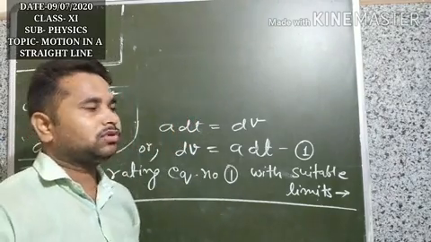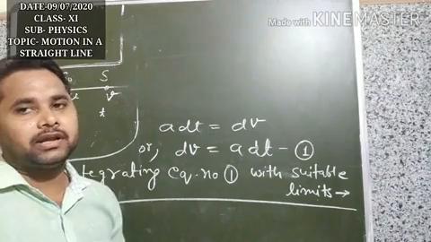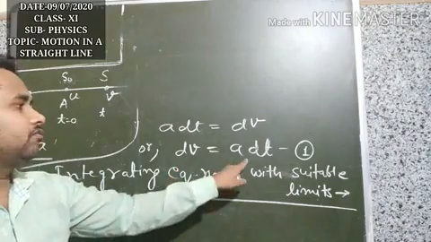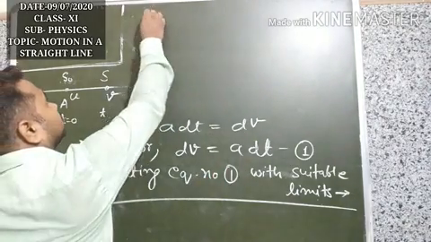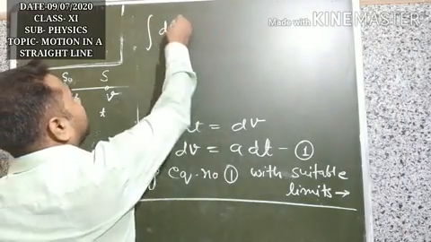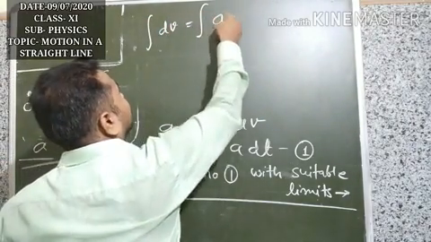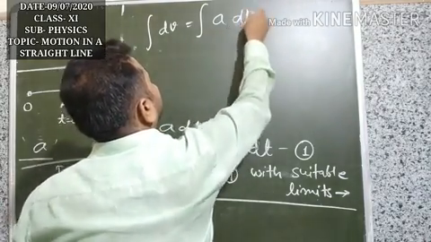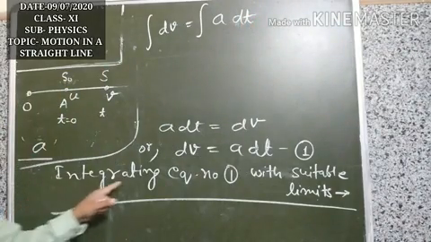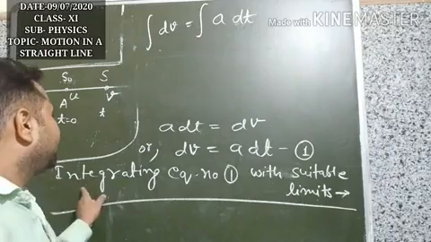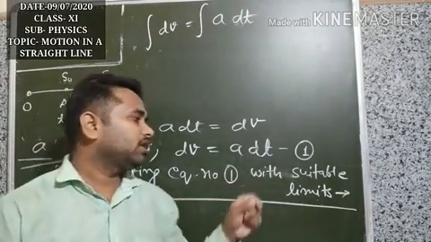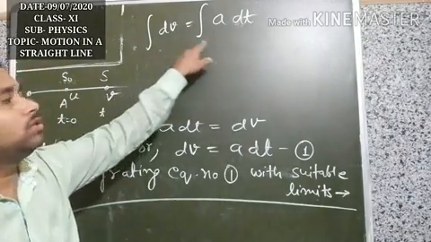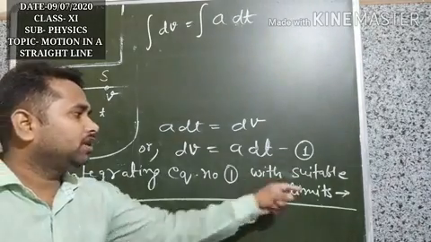In some books you will find this called definite integral, or finite integral. So see here we have to integrate this equation. So integration symbol dv, integration symbol a dt. You should write here, integrating both sides of equation number 1 with suitable limits. So this is the integration symbol applied on both the sides. Now we have to apply the suitable limits.